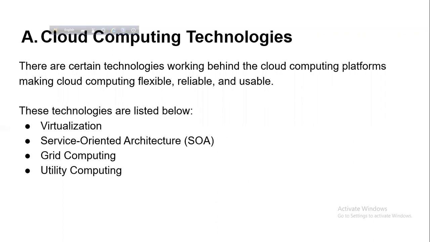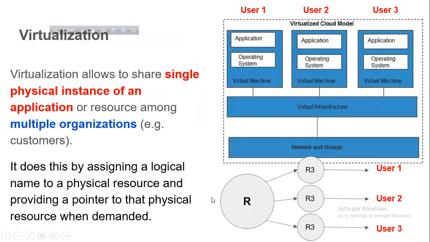The technologies that we are going to see, I mean, virtualization. I think we have seen a little bit earlier as well. Virtualization, actually, you see the figure over here, that gives the concept of virtualization.